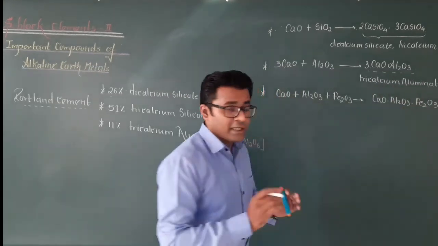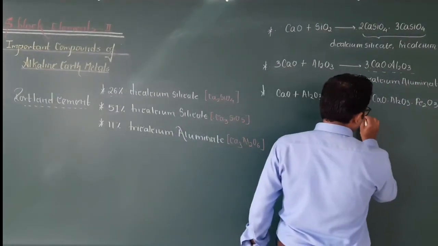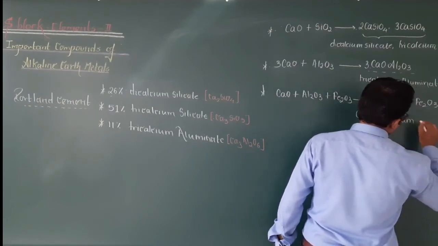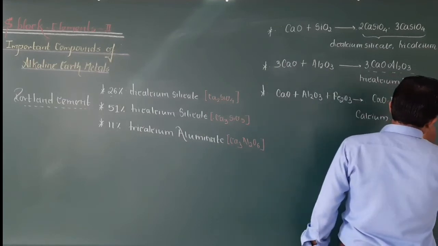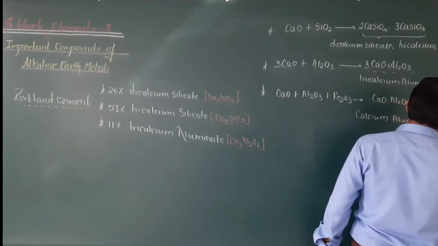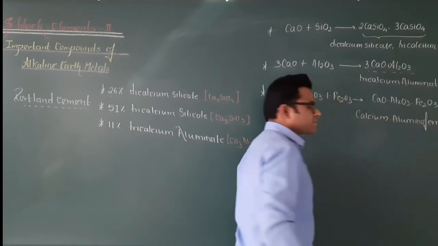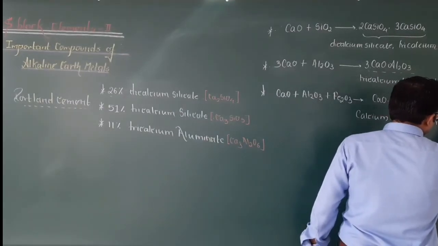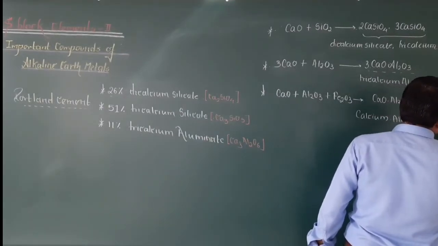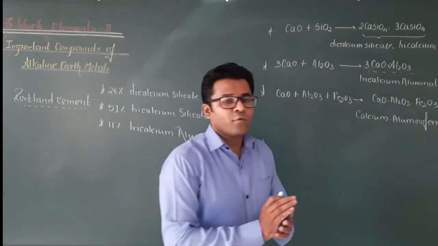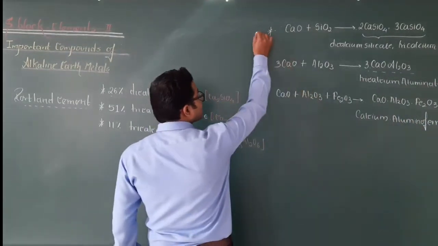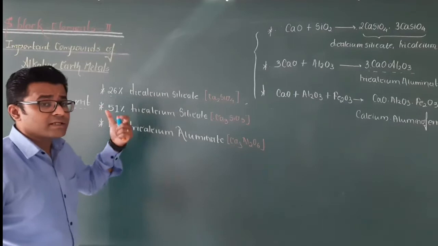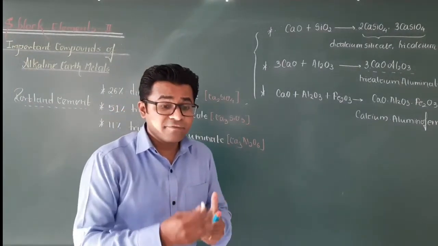Now this particular combination is called calcium aluminoferrite. Okay, so these are the ways the different compositions of the Portland cement are prepared when it is getting fused.